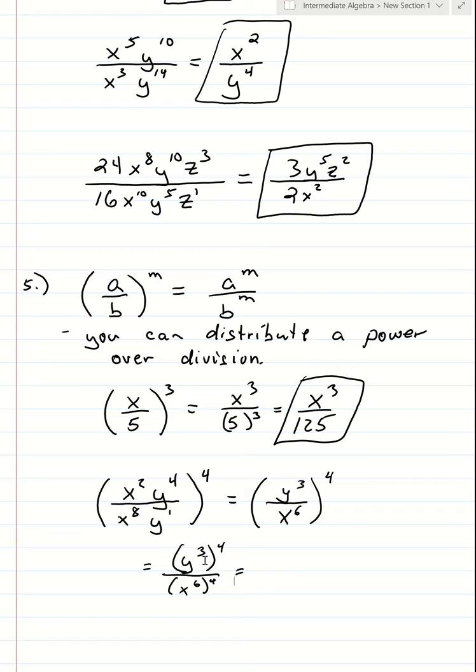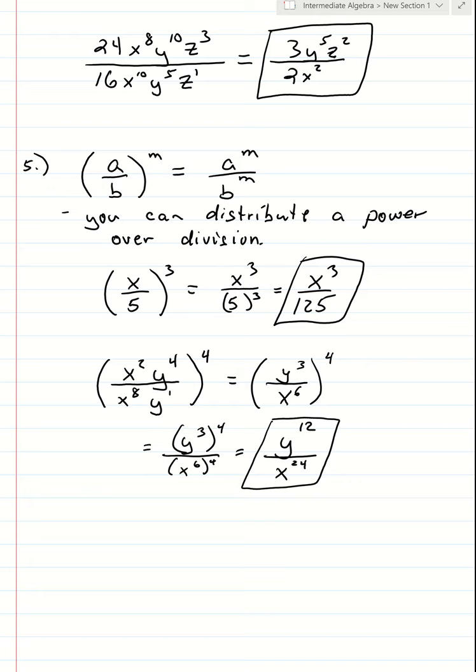And when we have a power to a power, the 2nd law tells us we have to multiply the powers. And that's why we would get y to the 12th over. And in the denominator, I also have a power to a power. So according to the 2nd law, we'd have to multiply. And that would give us x to the 24th power.